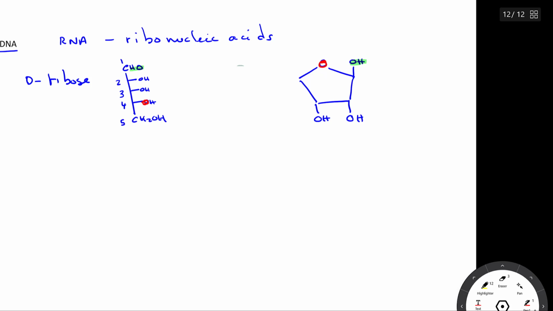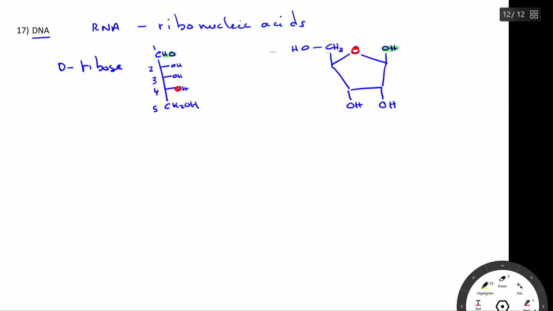And then 4 has a CH2OH that goes like this. And this is the pyranose form, ribose, and that's the ribo in the ribonucleic acid.